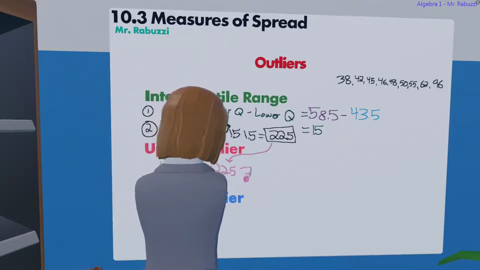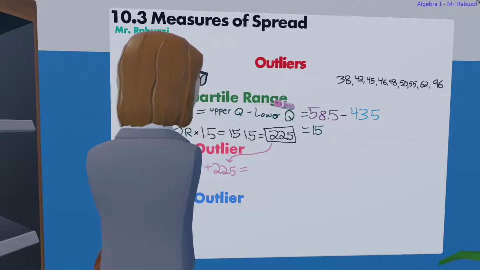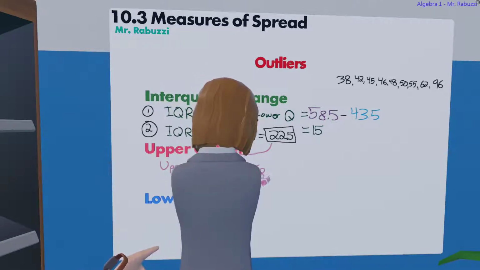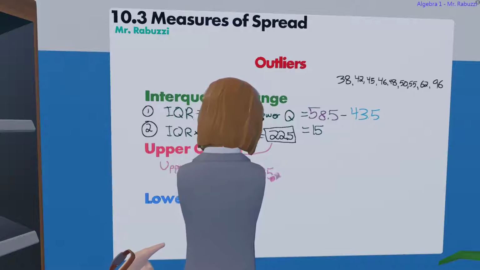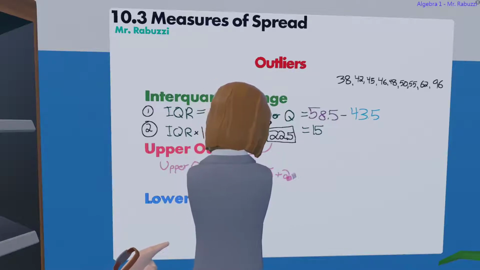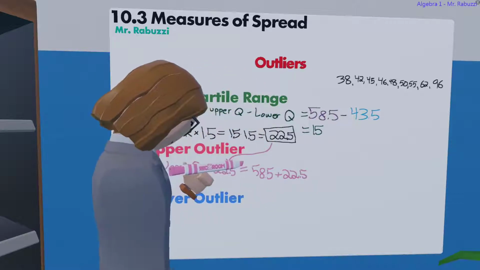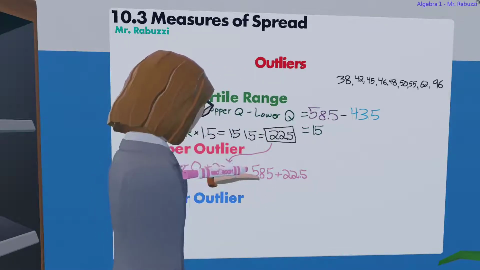Our upper quartile was 58.5 plus 22.5, and it turns out we get 81.